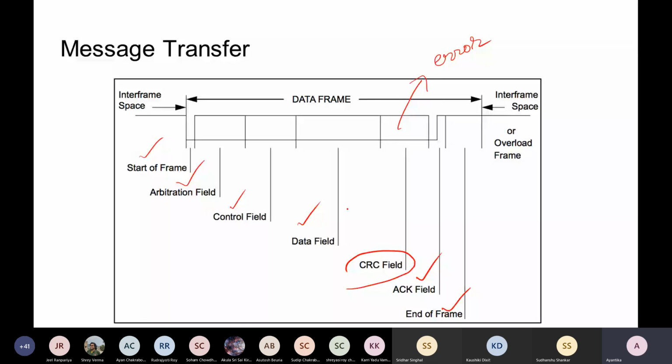So how it works: you may later on study different other protocols. There also you will see that error checking in communication can typically be done in three ways. One is parity.